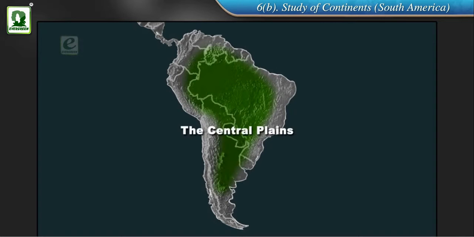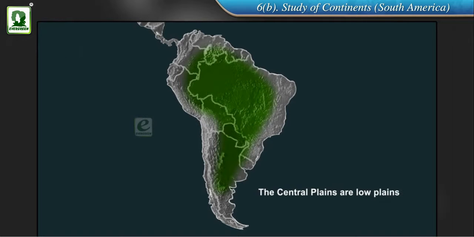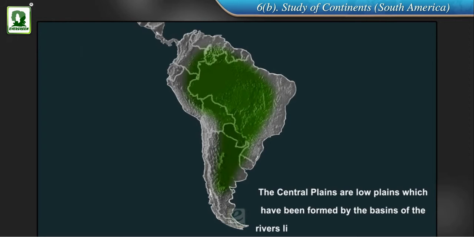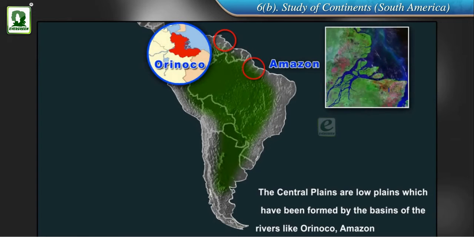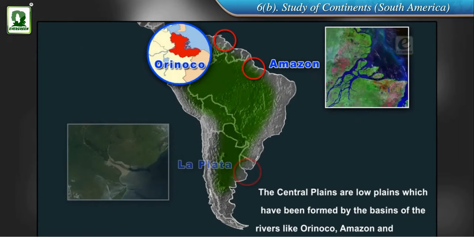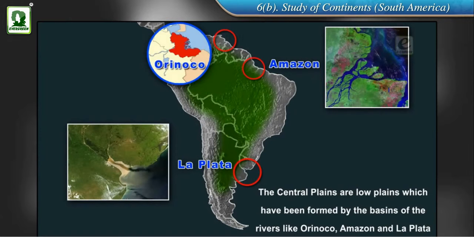The Central Plains. The Central Plains are low plains which have been formed by the basins of the rivers like Orinoco, Amazon, and La Plata.